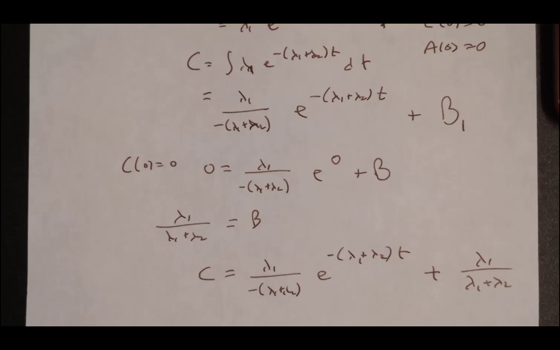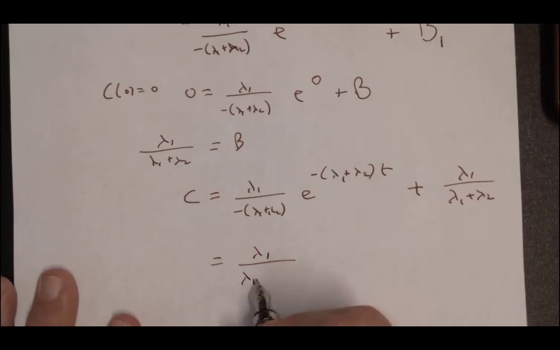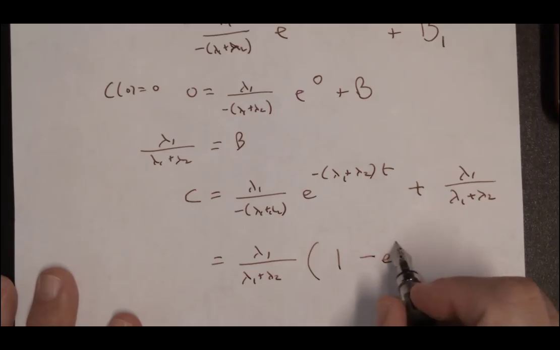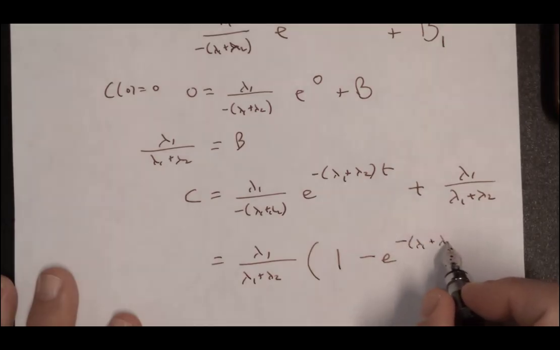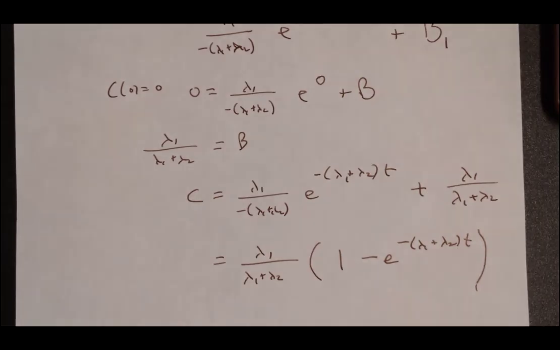Or if you'd rather, you can factor out this and get 1 minus e to the negative (lambda 1 plus lambda 2)t. That's nasty looking.